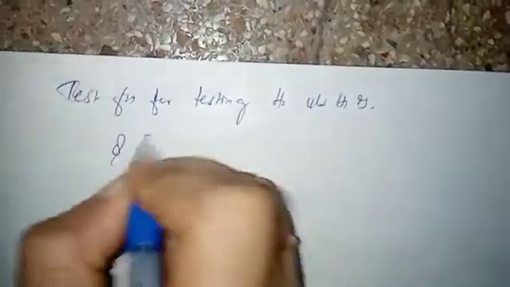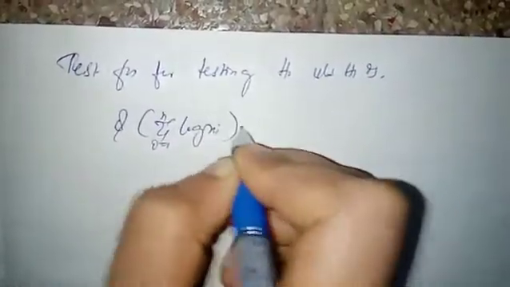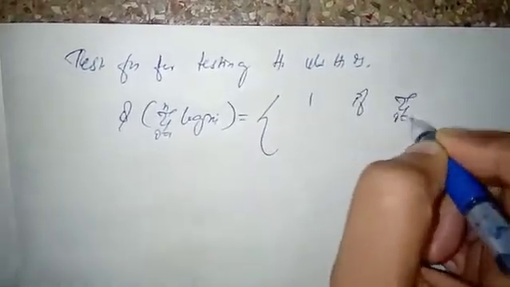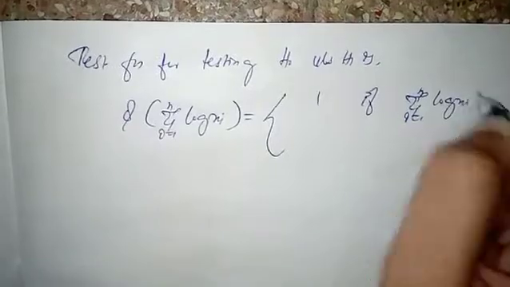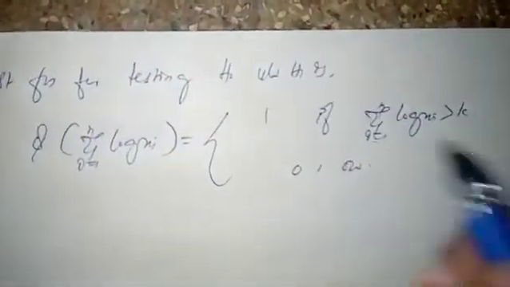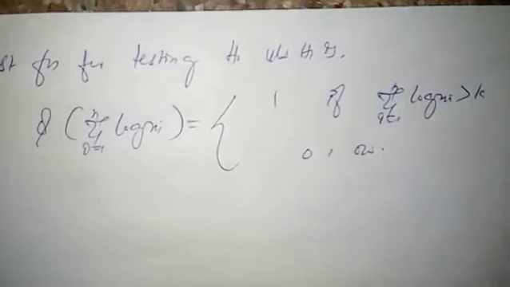The test function for testing H0 versus H1 is phi of summation i = 1 to n log xi equal to 1 if summation i = 1 to n log xi is greater than k, 0 otherwise, right? And here we need to obtain the value of k using the size of the test, right?